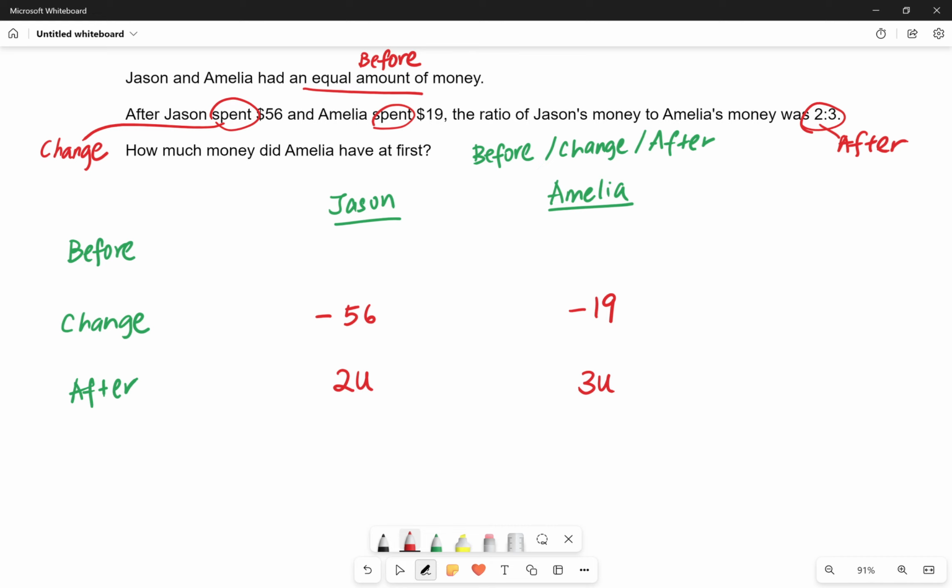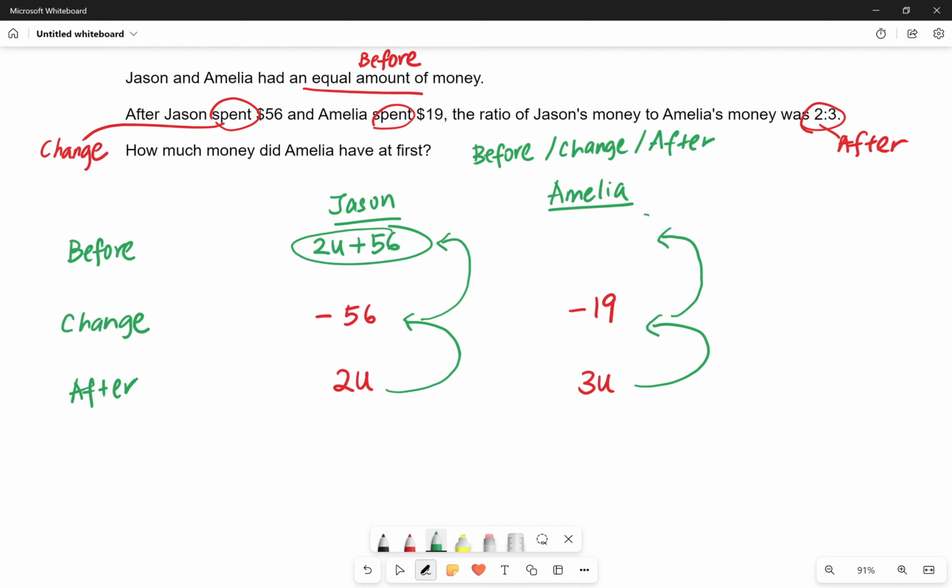Now, to derive the amount for before, we will have to work backwards. By looking at the table, the before amount for Jason will be 2U plus 56. Likewise for Amelia, her before amount will be 3U plus 19.